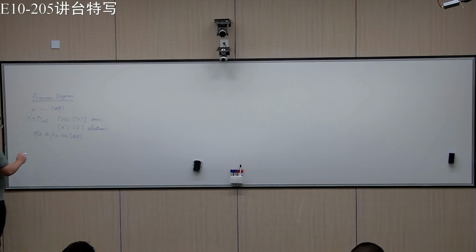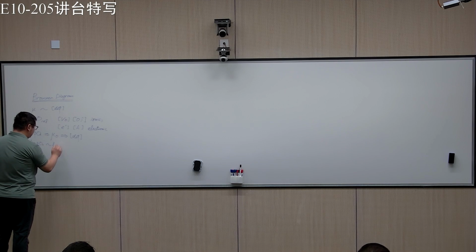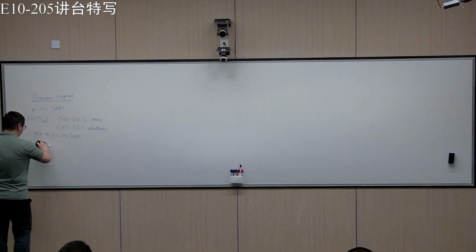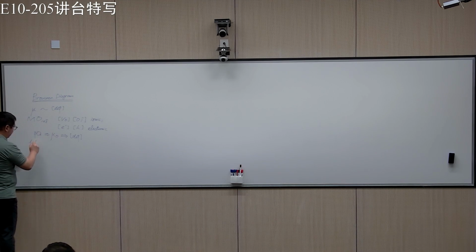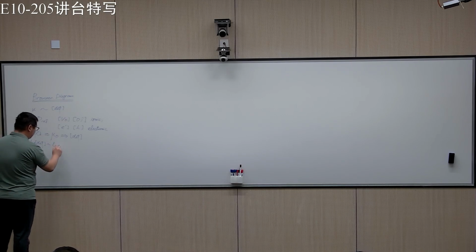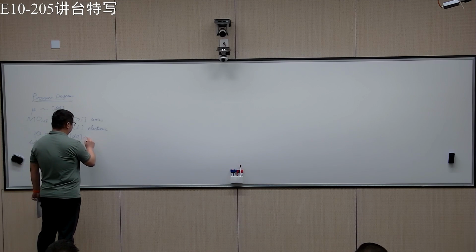So conventionally, what we want to plot is the log-log plot. We plot log defect concentration with log PO2. This is because defect concentration usually follows a power law.